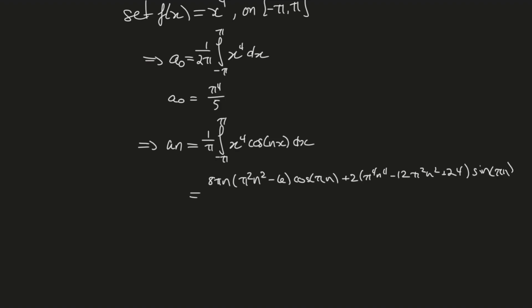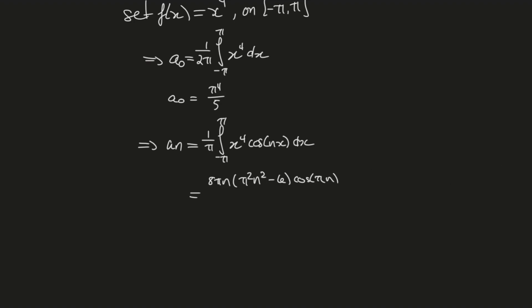And before I do this big division bar, notice that the sine of pi times n, in our case, n is going to be an integer ranging from 1 to infinity. So the sine of pi times n is going to be like sine pi and then sine 2 pi and so on and so forth. And it's always 0. So this whole chunk goes to 0.